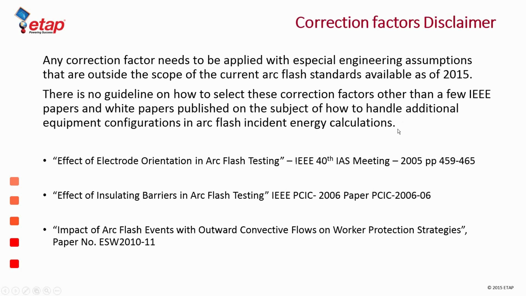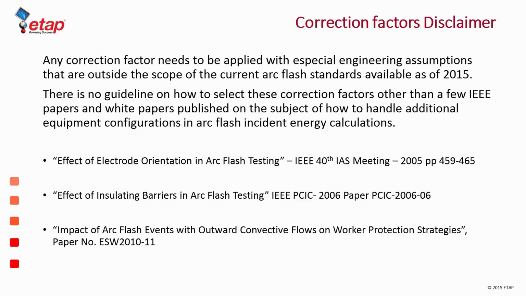Okay. Now, one of the things that we need to make clear to everyone is the disclaimer, right? Any of these correction factors, because again, ETAP is just providing the tool to allow for such modeling. So any correction factor that needs to be applied should be applied with special engineering assumptions.